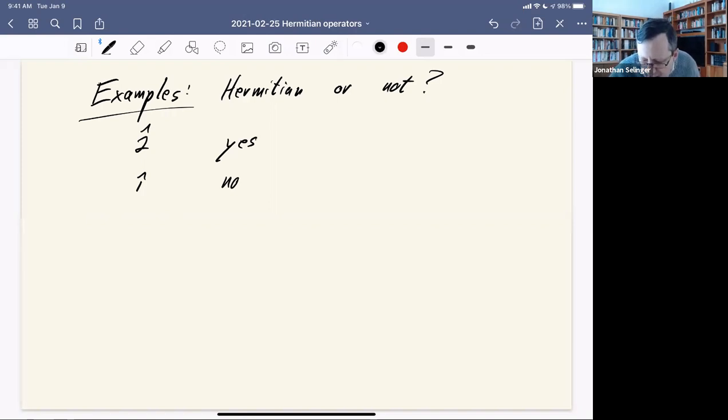If we take the Hermitian conjugate of multiplying by i, we get multiplying by negative i. I could write that with the dagger notation I just showed you, as i dagger is negative i, whereas 2 hat dagger is just 2 hat.